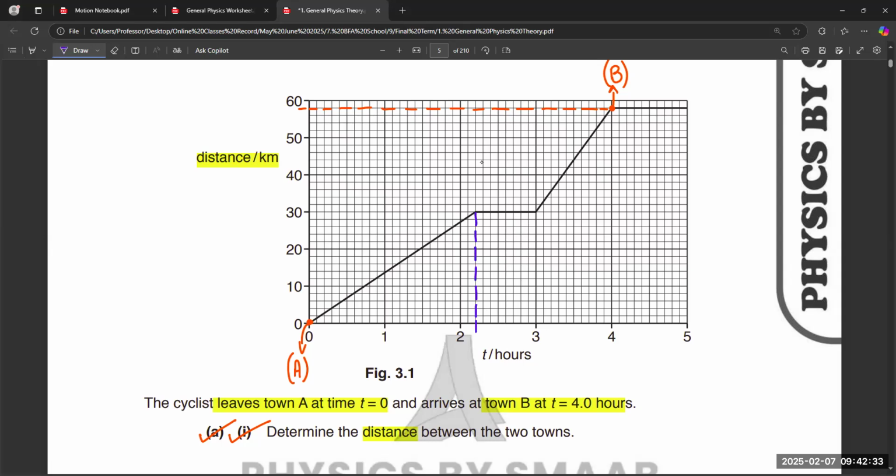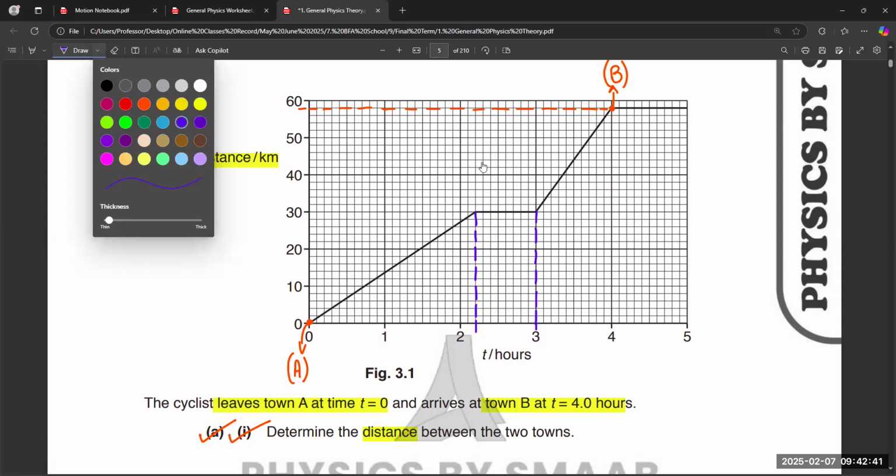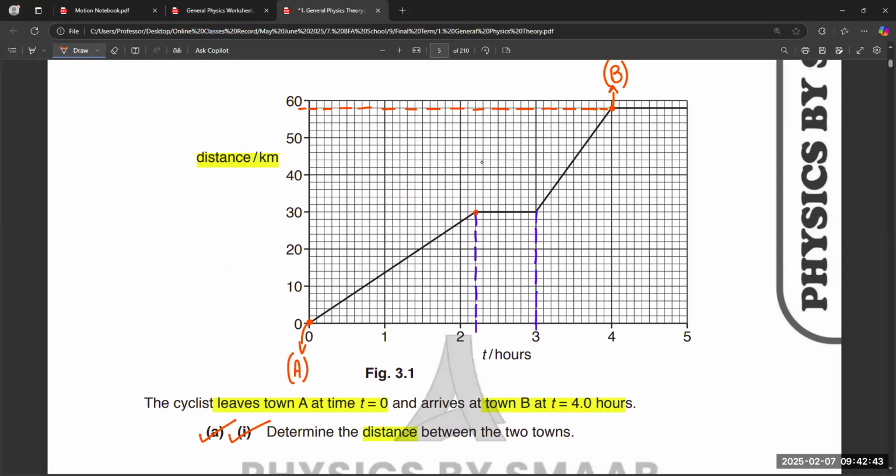Starting from this point, ending at this point. So these are the two points that show the body is in a rest state. Starting from 2.2, ending at 3.